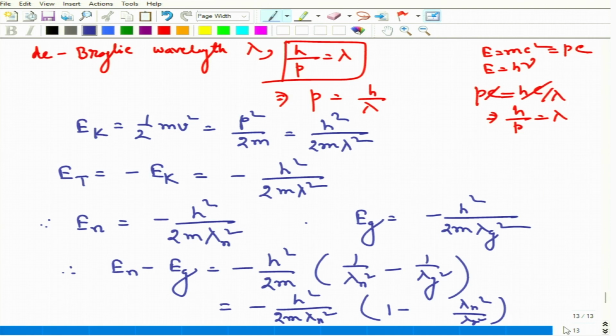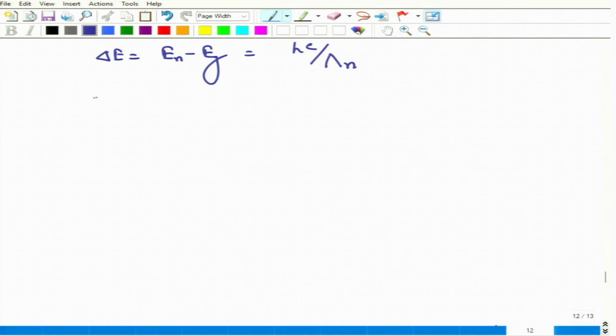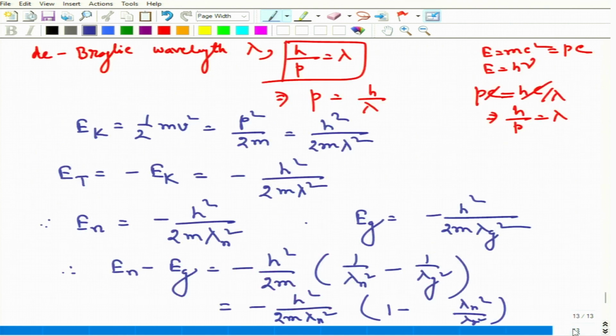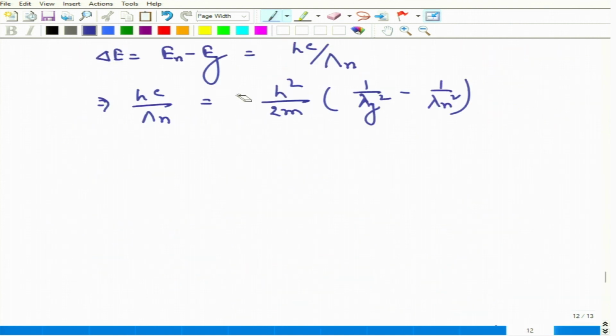Let me write it, then we will see. So hc by lambda n is h square by 2m, 1 minus lambda g square minus 1 lambda n square. This formula we have again written, so there will be no minus sign.